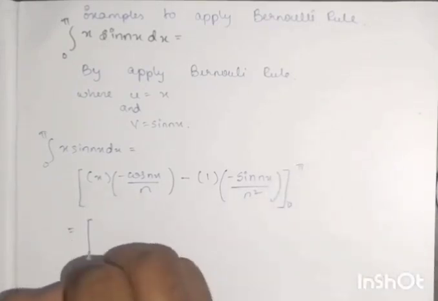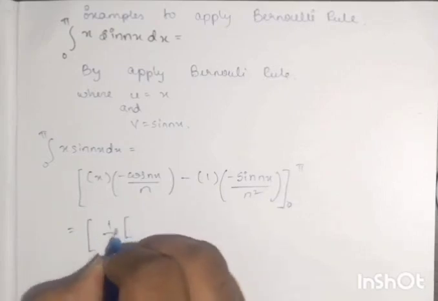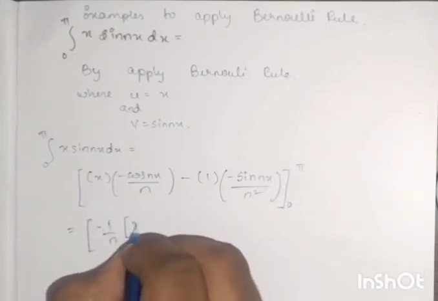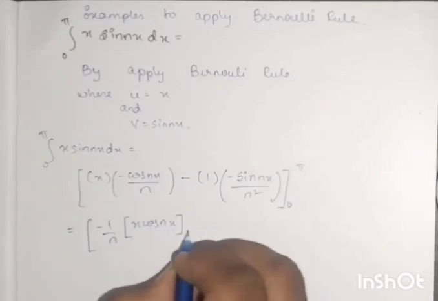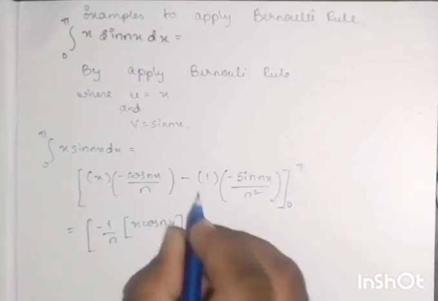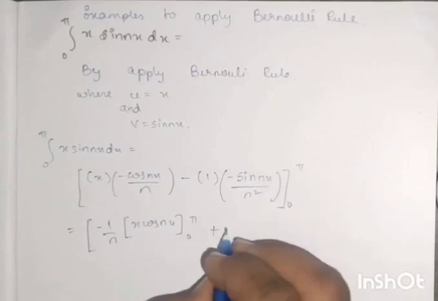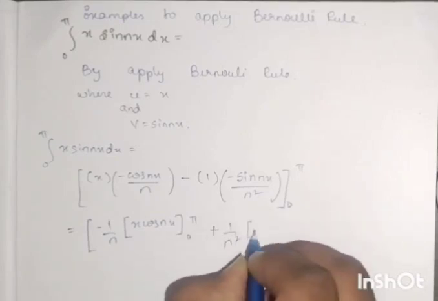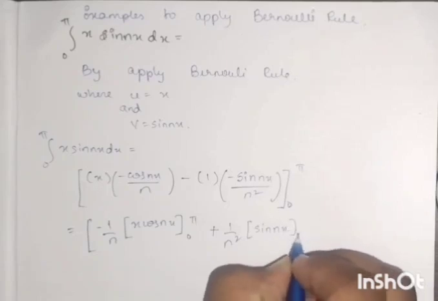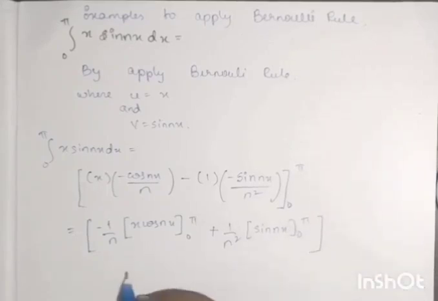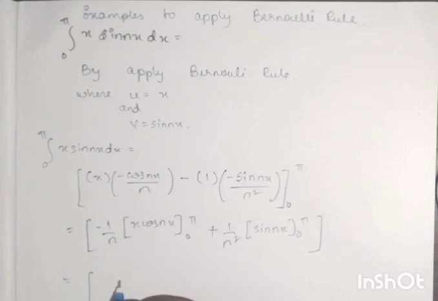So taking 1 by n as constant and minus outside, x cos nx, and the limits are 0 to pi. Similarly, taking minus outside, minus into minus plus 1 by n square sin nx, 0 to pi. So applying the limit, x cos nx will become pi, cos n pi is nothing but minus 1 raised to n, minus 0 into anything is 0, plus 1 by n square.